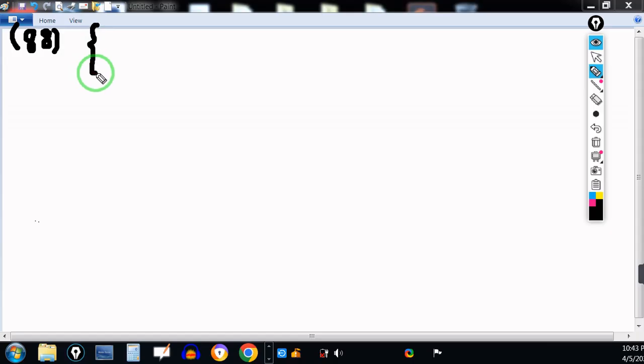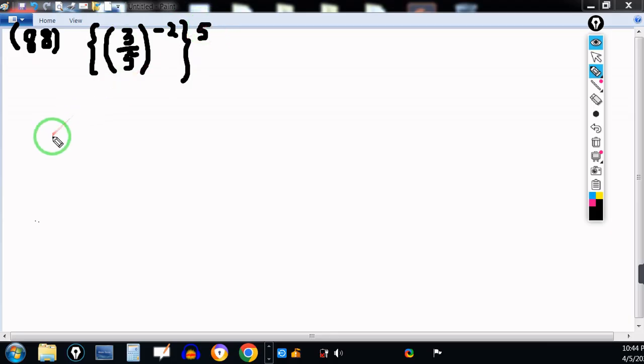Open curly brackets, in curve bracket 3/5, open curly braces, then open curve bracket 3/5, close curve bracket, minus 2, close curly braces, and a 5. So throw away the curly braces, you have 3/5.